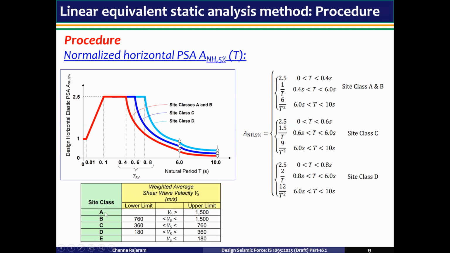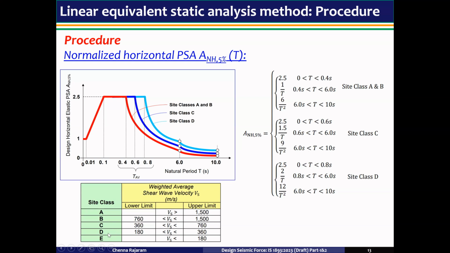For site classification A, the weighted average shear wave velocity upper limit is 1500 meters per second. For site classification B, it ranges from 760 to 1500. For site classification C, the Vs value ranges from 360 to 760.